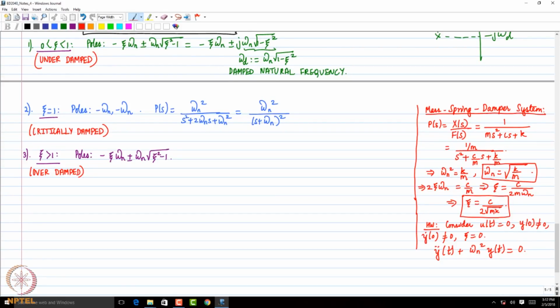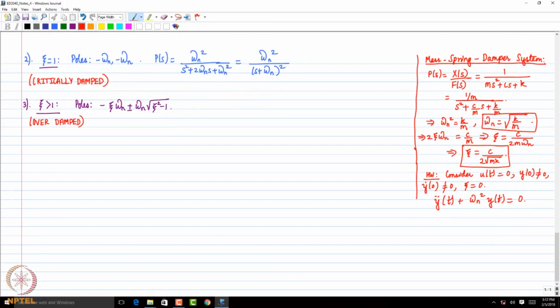Okay. So apply the Laplace transform. Of course, now we need to be a bit careful, right, because the initial conditions are not 0. And calculate the free response.